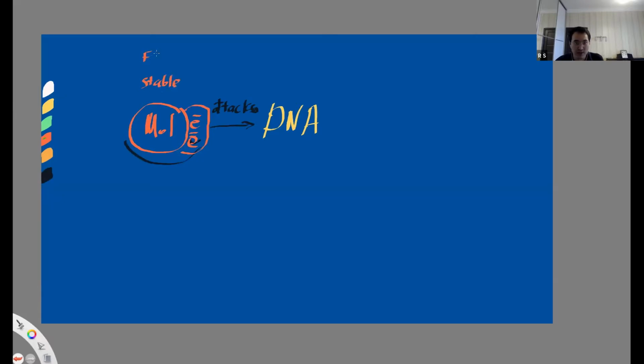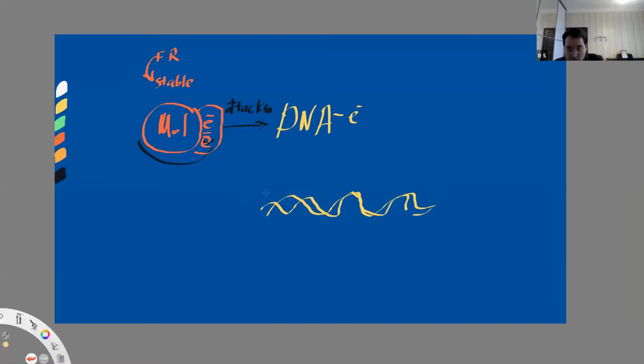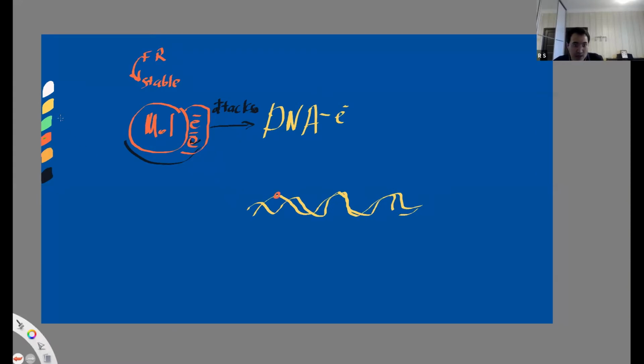So the free radical gets into a stable condition. And what about DNA? The DNA loses one electron, so minus one electron. And its structure, if you remember, is a spiral. So we have this spiral structure, and let's say it lost the electron here. Since it lost an electron itself, it became very active.